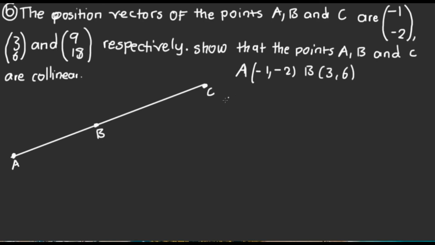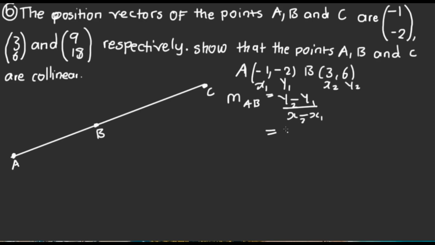So this gradient that I'm finding is the gradient for line AB. So I'm going to say x1, x2, y1, y2. So gradient is equal to y2 minus y1 over x2 minus x1.